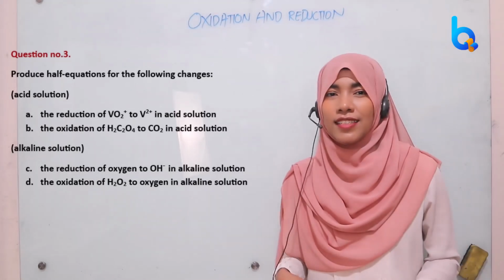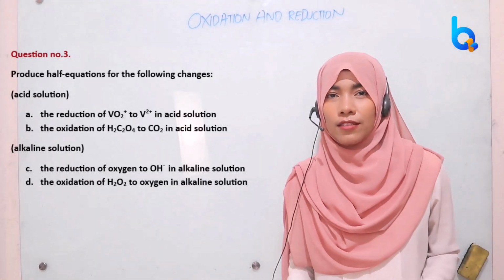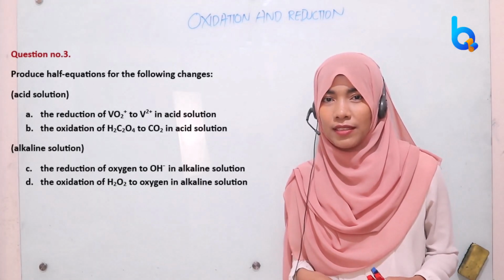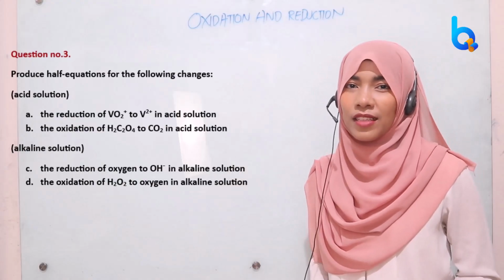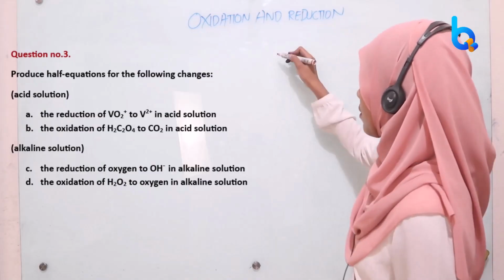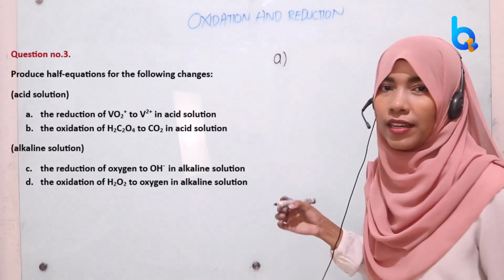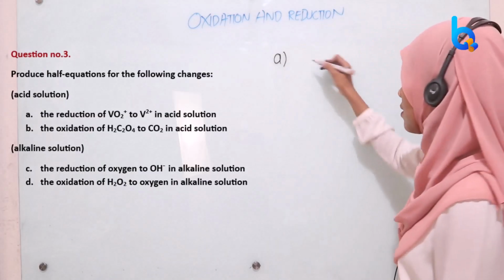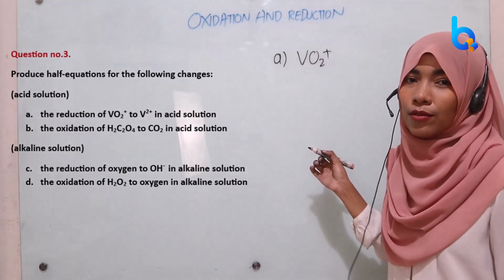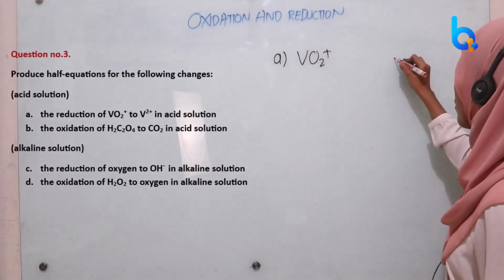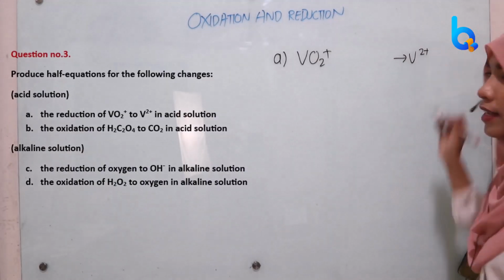So now let us discuss question number 3. Here we have to produce half equations of these changes. Let's start with the acid solution first. A is the reduction of VO2+. So we write VO2+ to V2+ in acid solution.